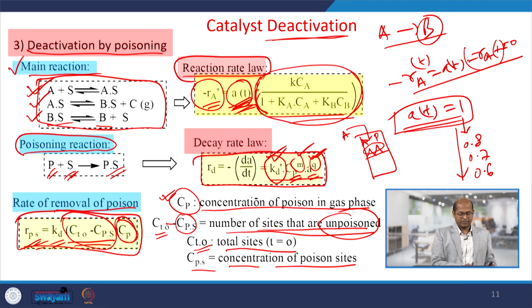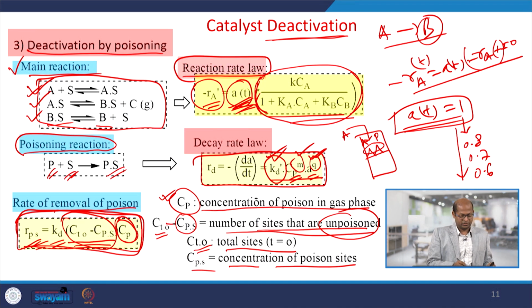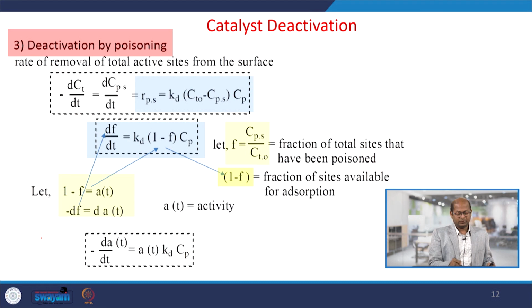If we write the rate equation for the rate of removal of poisons, we can write it this way. So, this rate RPS we can write as dCps by dt equals RPS, with the right hand side remaining the same.